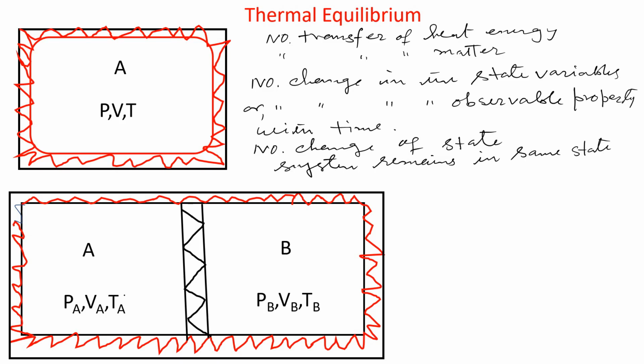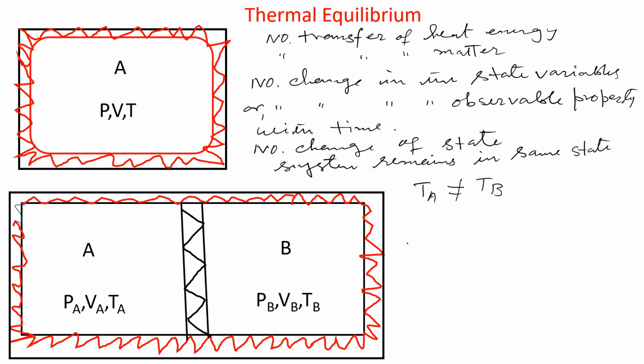And here you see the temperature of A is not the same as the temperature of B. That means TA is not equal to TB. But still, as the boundary is insulated, there is no net flow of heat.